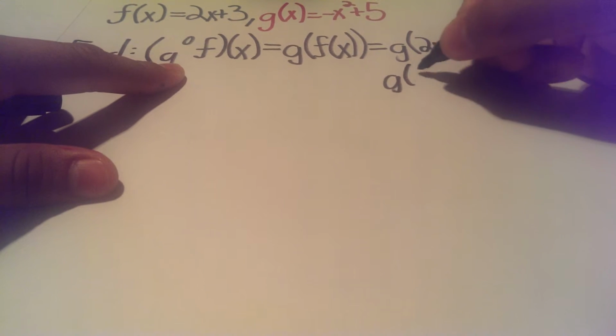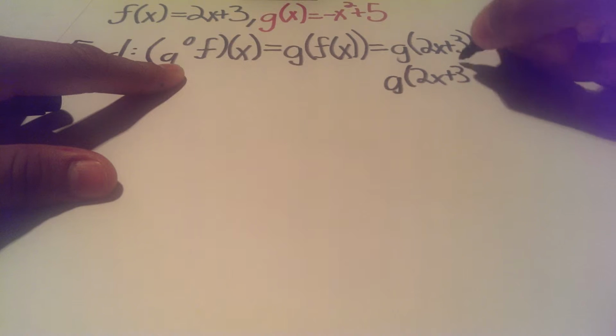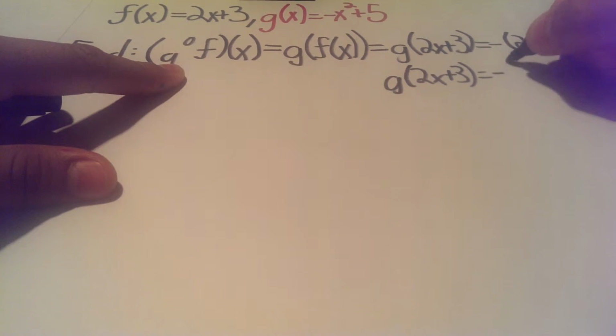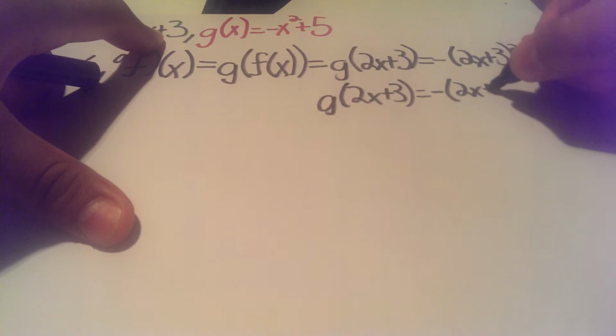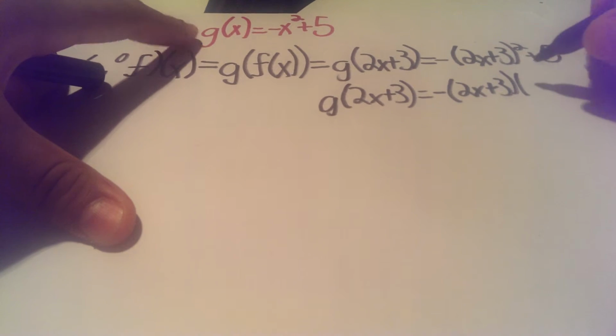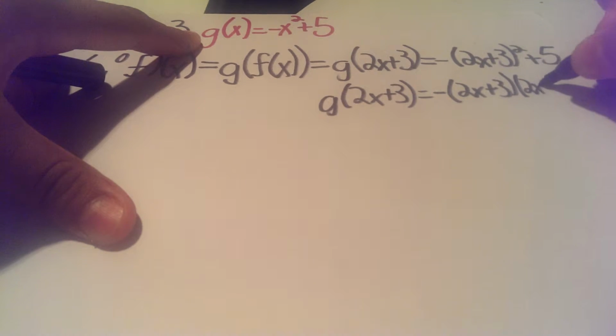So g of 2x plus 3 is equal to negative 2x plus 3 times 2x plus 3 plus 5.